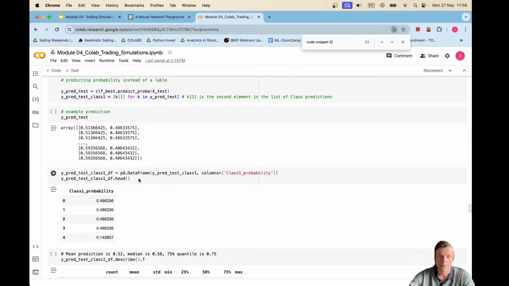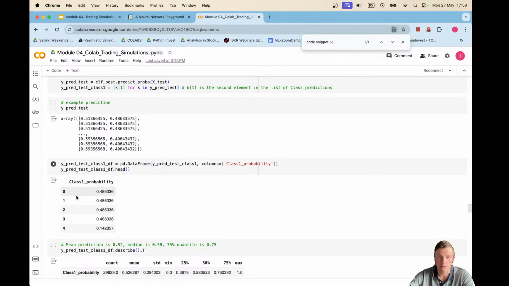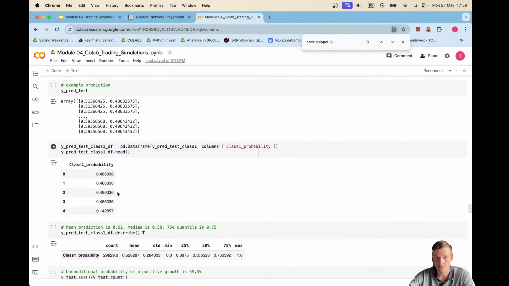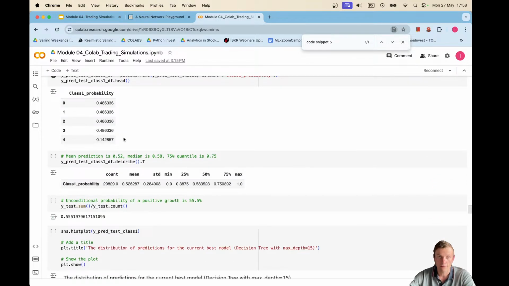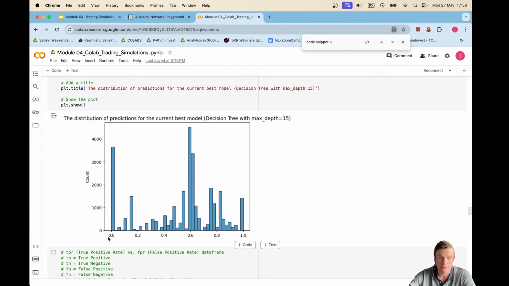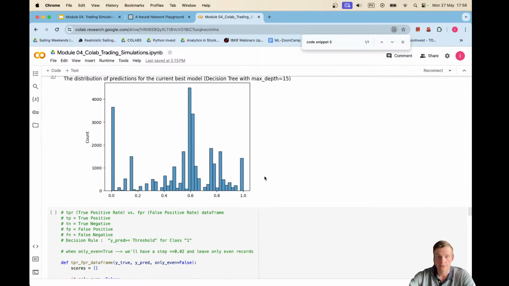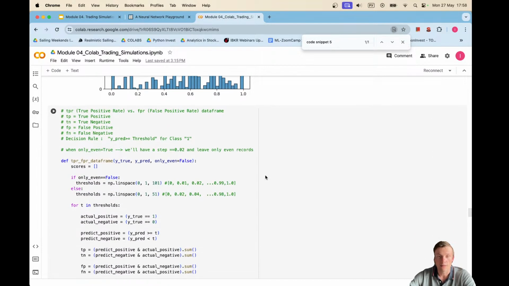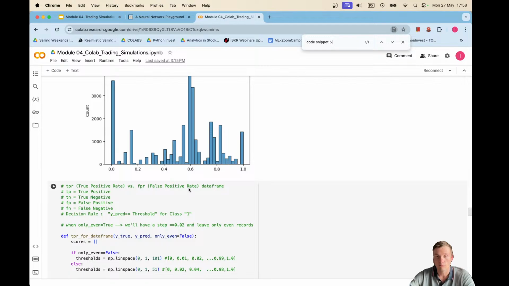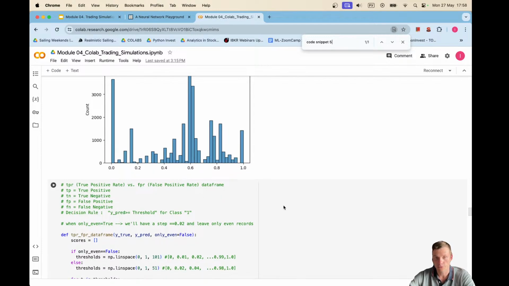And if you convert it to a data frame, it will be like this with 30,000 predictions. When you have those 30,000 predictions, you can plot the distribution of positive predictions, and then you can try to create more decision rules or new decision rules.